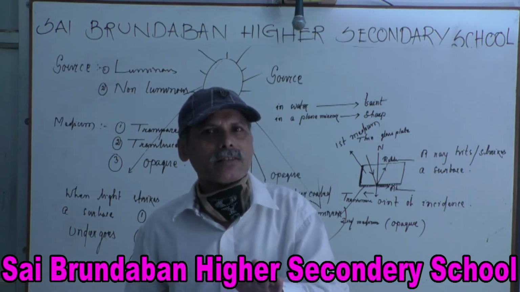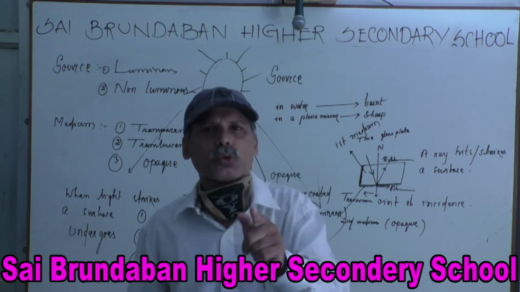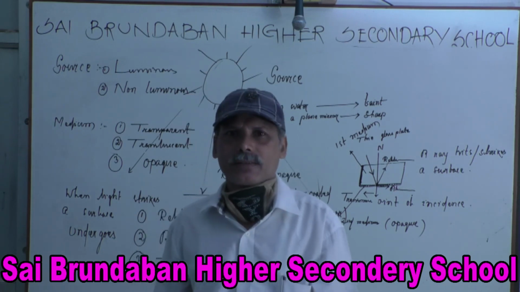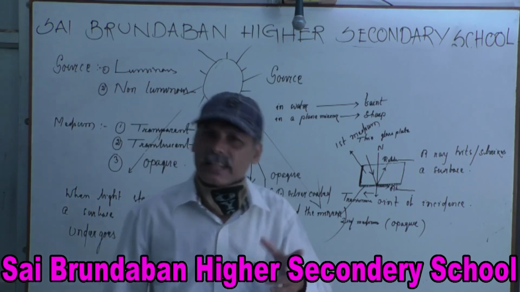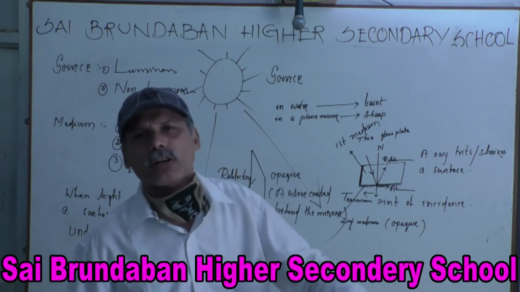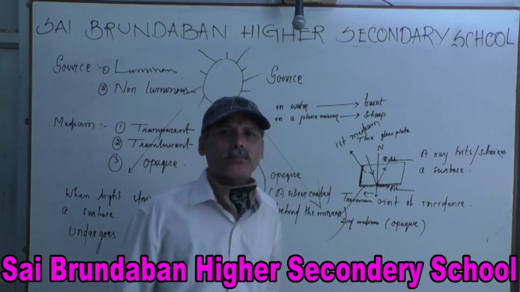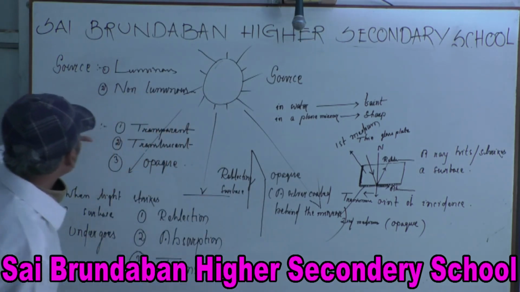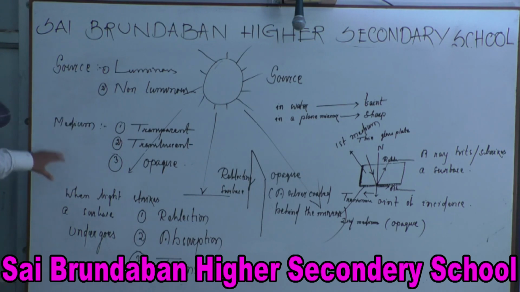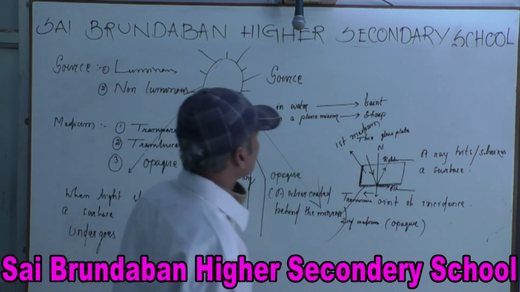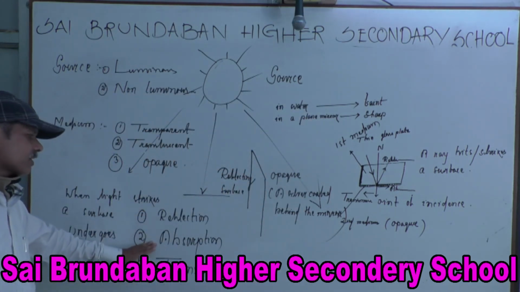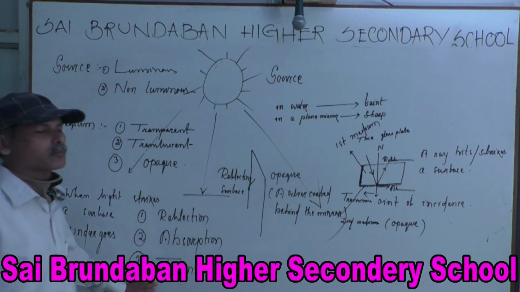Luminous is the one which has the capacity to emit light. Sun, candle, bulb are examples of luminous sources. So now you came to know source, medium, reflection, absorption, transmission.